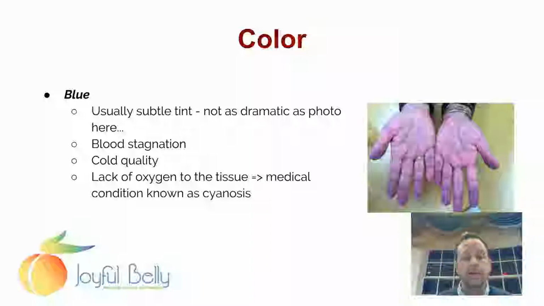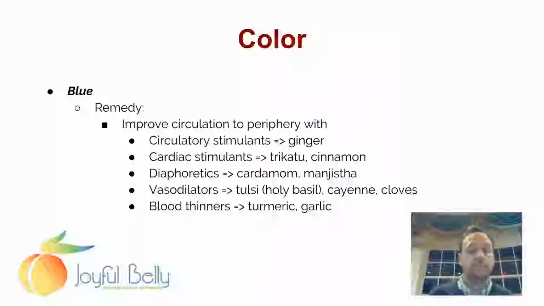And it implies a lack of oxygen to the tissue, because when blood is oxygenated, it's red. When it's deoxygenated, it turns greenish blue. And so a bluish tint to anyone, the tongue or the skin, is a medical condition known as cyanosis.